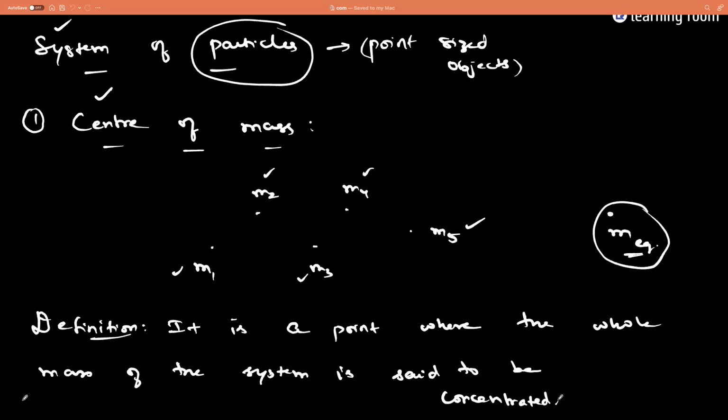Okay. Now, let me explain this concept. See, let us say there is a block of mass m, which is accelerating with a value a. Then, if I ask you to define what is the force acting on this particle, will you be able to define and tell me?